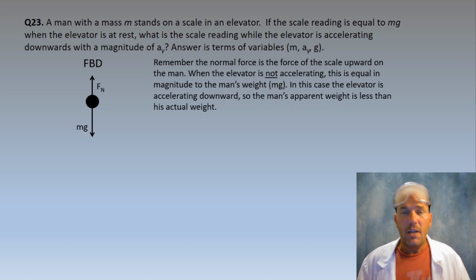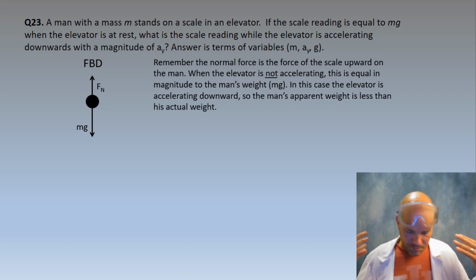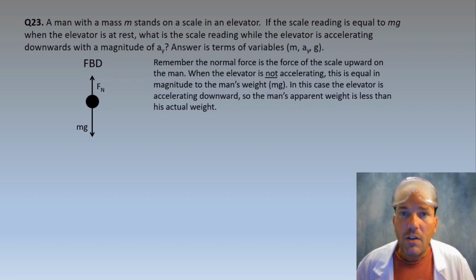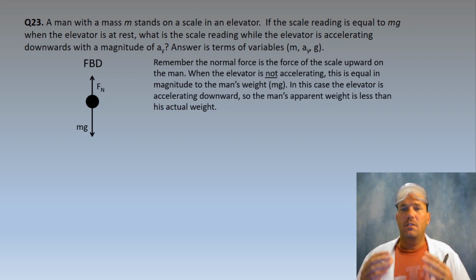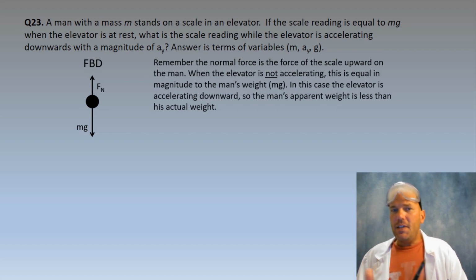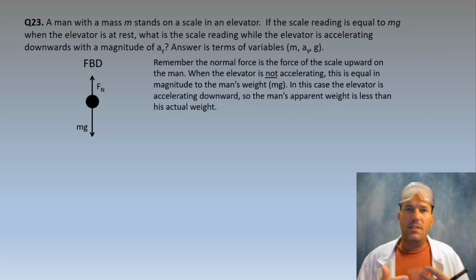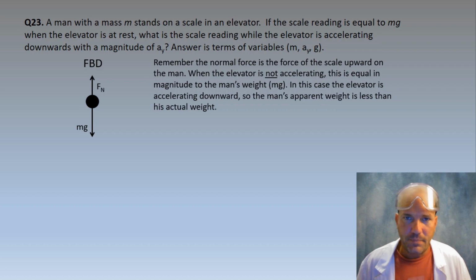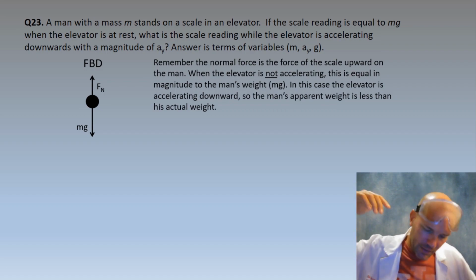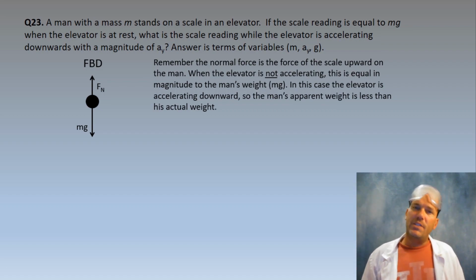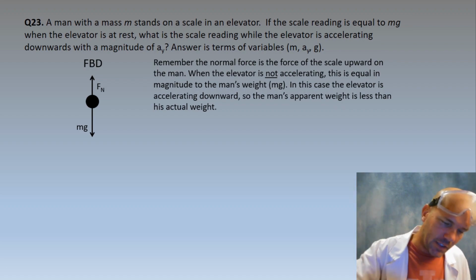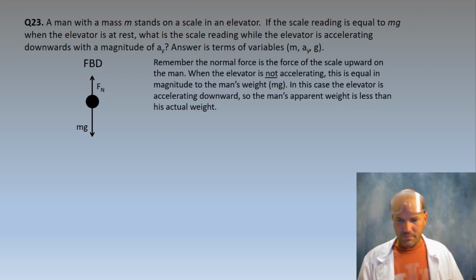So that would be when the elevator is at rest or when it has a constant velocity. Okay. In this case, the elevator is accelerating downward. So the elevator has an acceleration down, which is in the same direction as the acceleration due to gravity.